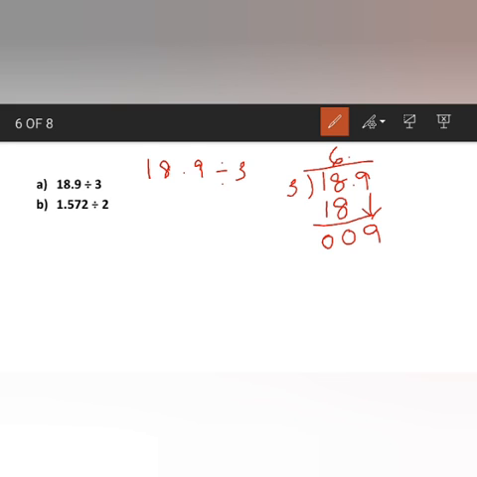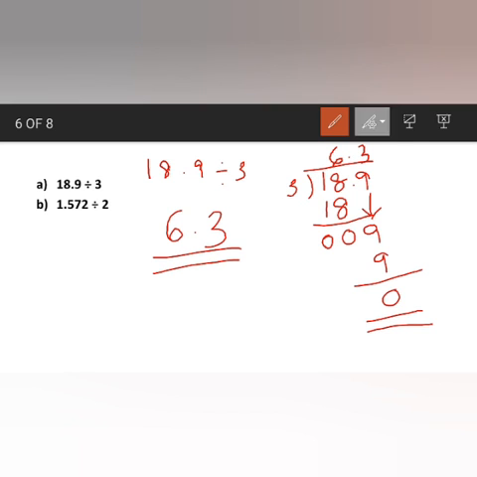It is 3 times. So, write 3 in the quotient part and 9 here below 9. Now do the subtraction. 9 minus 9 is 0. Now our answer is 6.3. 18.9 divided by 3, we got the answer as 6.3. So this is how we do the division.